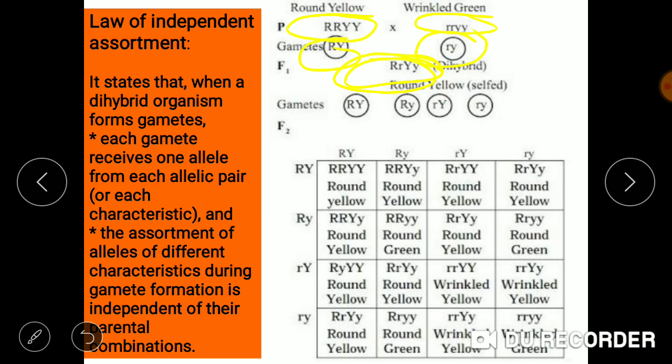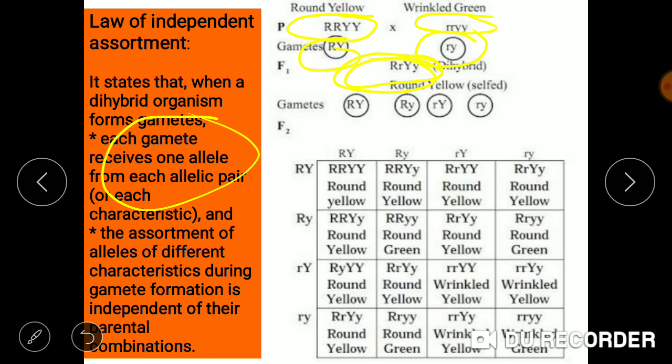But the genotypes of the offspring will be different from those of their parents. So this is the F1 generation obtained, and we are clear with the first point of the law. Now we will move on to the second filial generation.